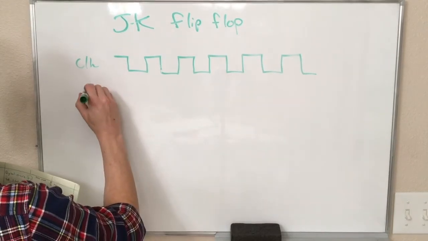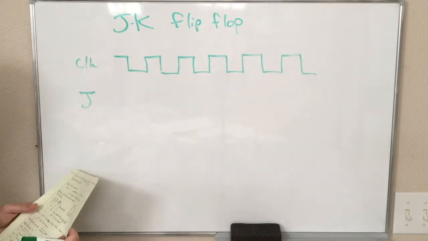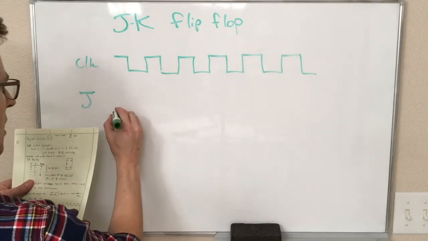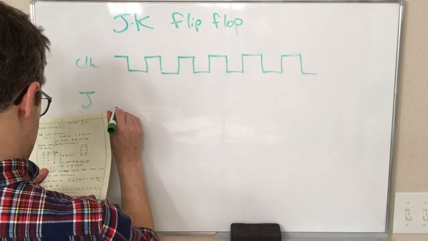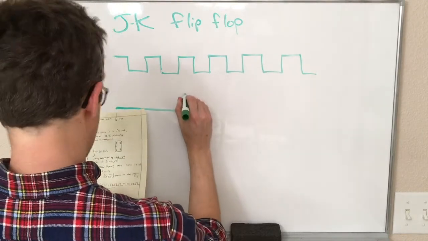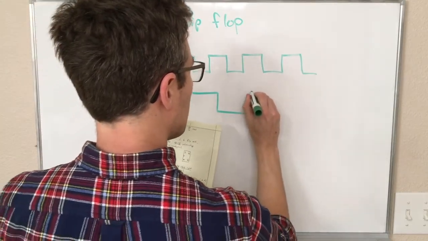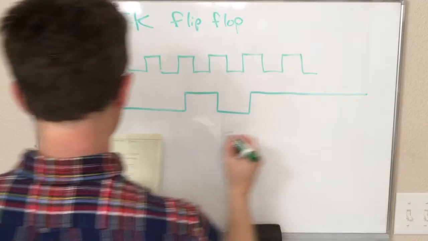So let's say J, because we could be giving this a voltage from any source. So we'll say J stays off for a while and then turns on and then off and then on again.